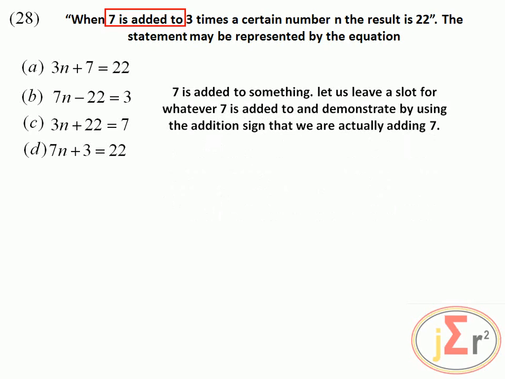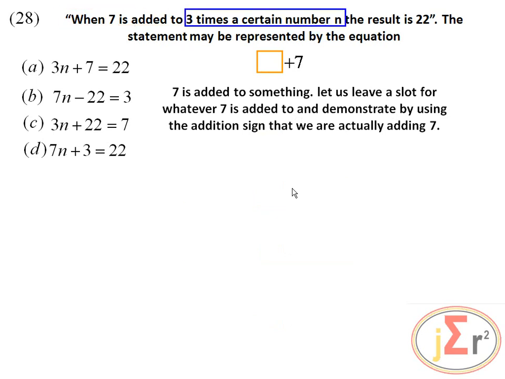Let us leave a slot for whatever 7 is added to and demonstrate by using the addition sign that we are actually adding 7. So 7 is added to, therefore something plus 7. So what do we put? Something plus 7.